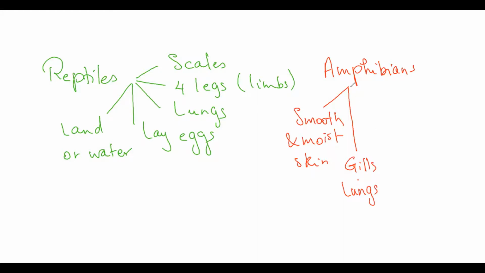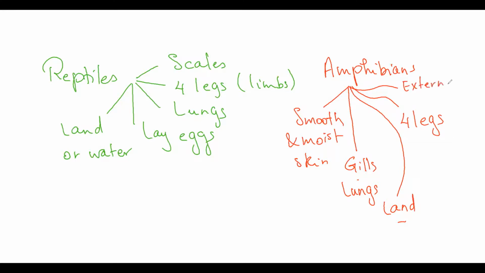Now, where do they live? They live on land, but they jump in water or beside water only to lay eggs. Yes, and their young live in water, of course, tadpoles. Now, what about the number of legs? They have 4 legs. And here, the fertilization is external.